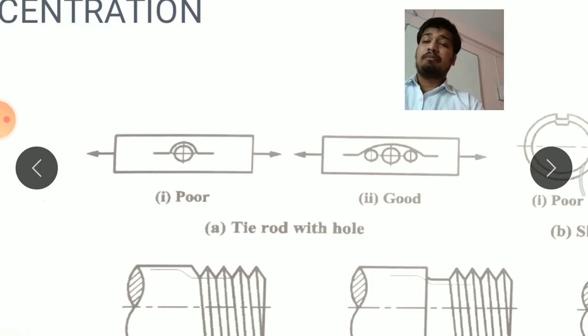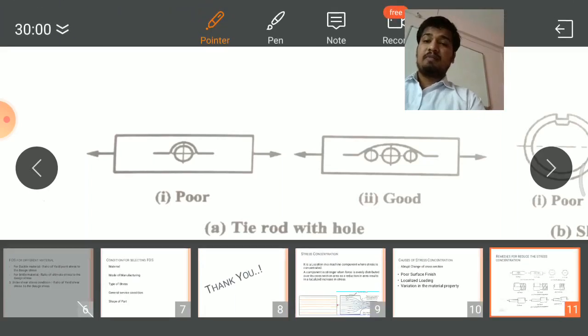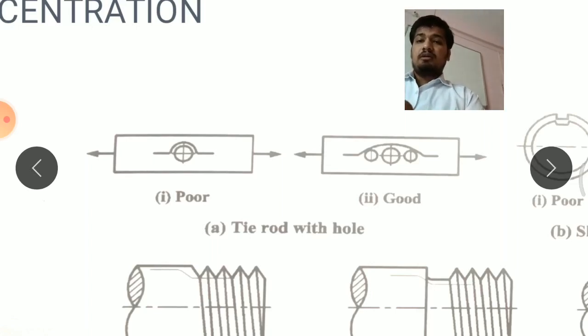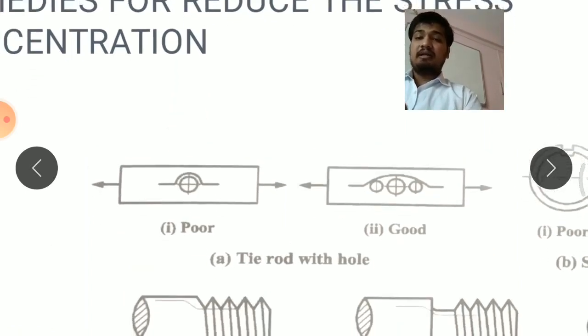You can see around that hole the stress concentration line is marked, and that line indicates that it is not continuous and changes its shape suddenly, and due to that change of shape the material is going to break at its center point, as we have discussed in our example also. When we apply pressure on paper, the paper is going to break from the center point. Why is it so?